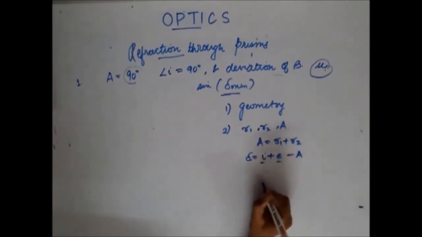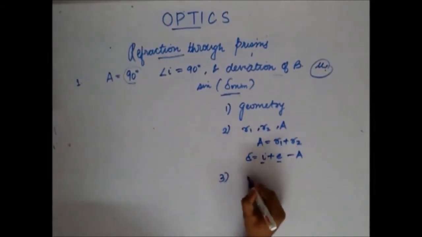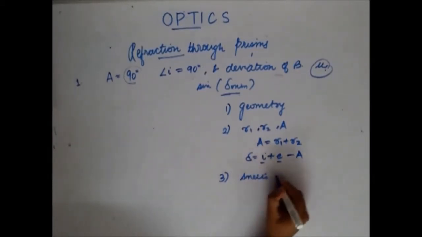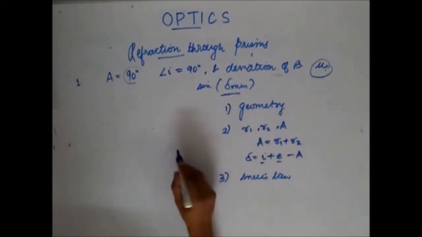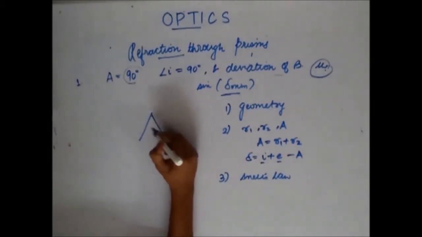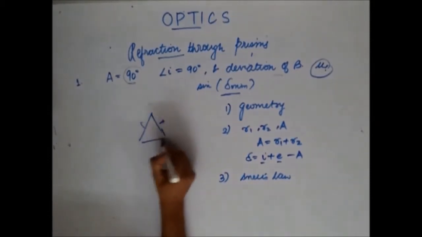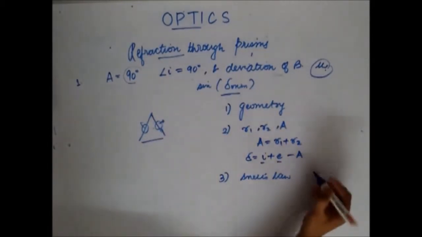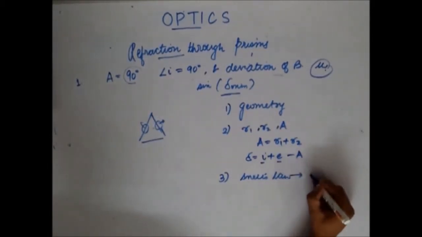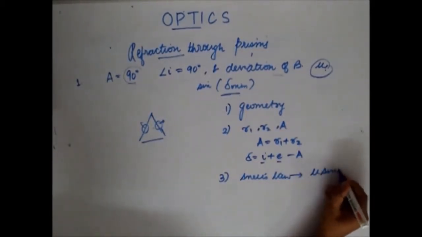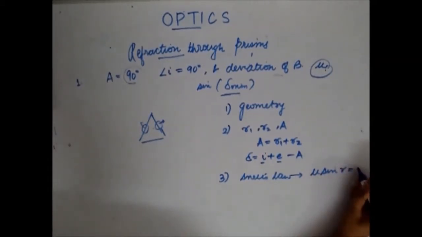Right? Okay. The third thing is that you should be very aware of Snell's law, because there are two refracting surfaces, this one and this one, and I will be applying Snell's law at this surface and Snell's law at that surface. Snell's law states that mu sine of some angle R is equal to a constant.